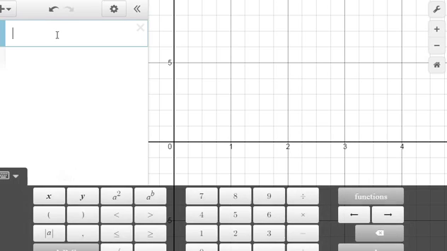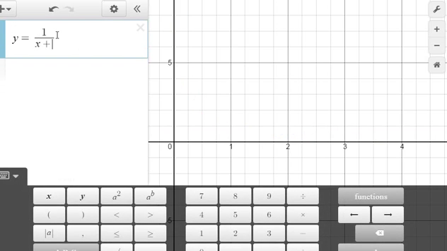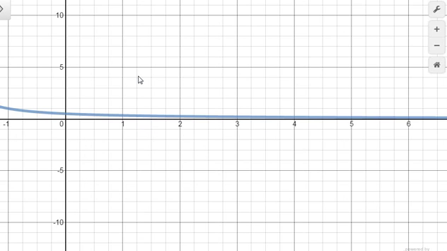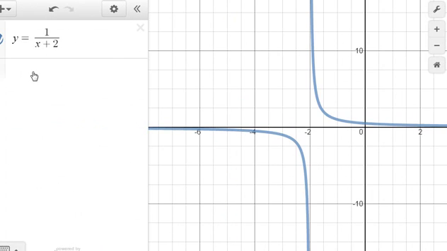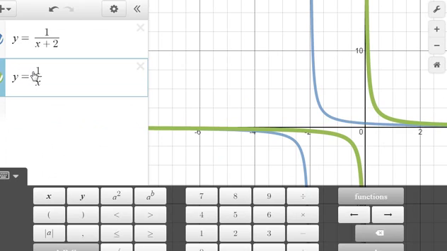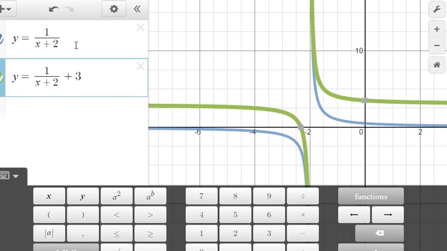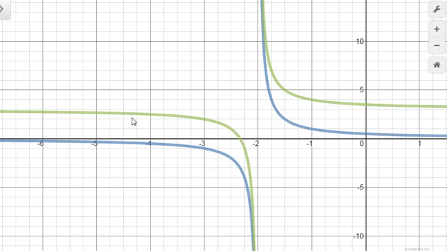That's just going to shift our graph to the left by 2. All right. And then what else can we do? We can do y equals 1 over x plus 2, plus 3. Now that created a vertical shift. Now that's going to change things up a little bit for us.